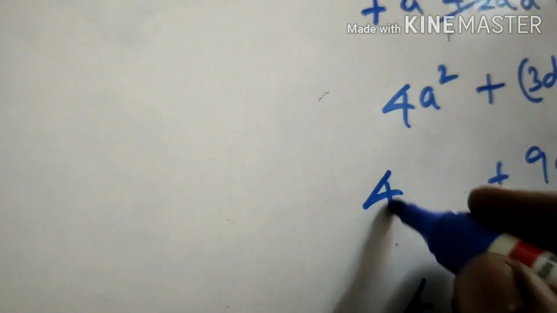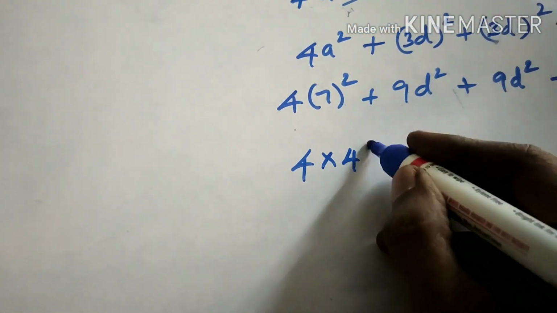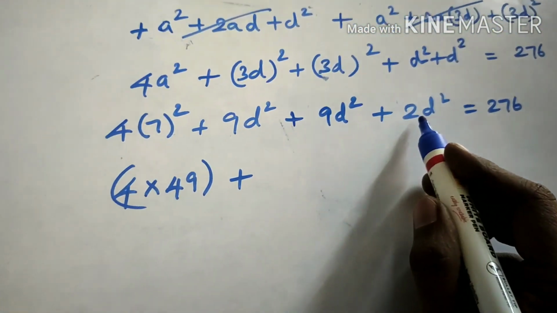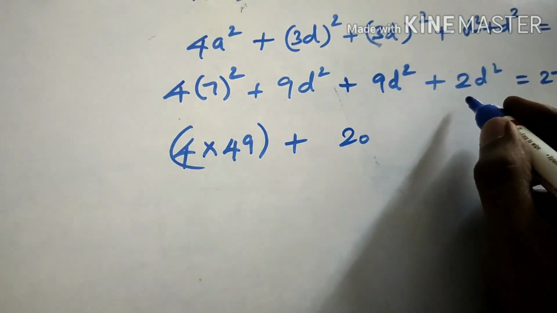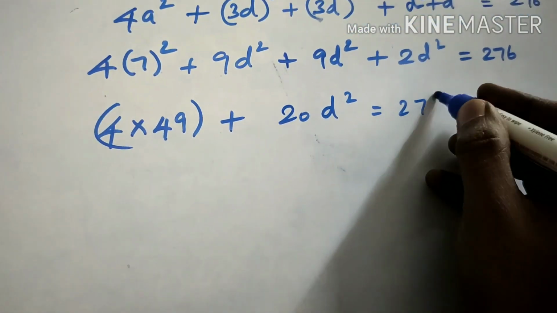So 4 into 7 square, 49, right. Plus 9d square plus 9d square plus 2d square. 9 plus 9 is 18, 18 plus 2 is 20. All are like terms. Okay, d square, d square, d square. So you can add: 20d square equal to 276.